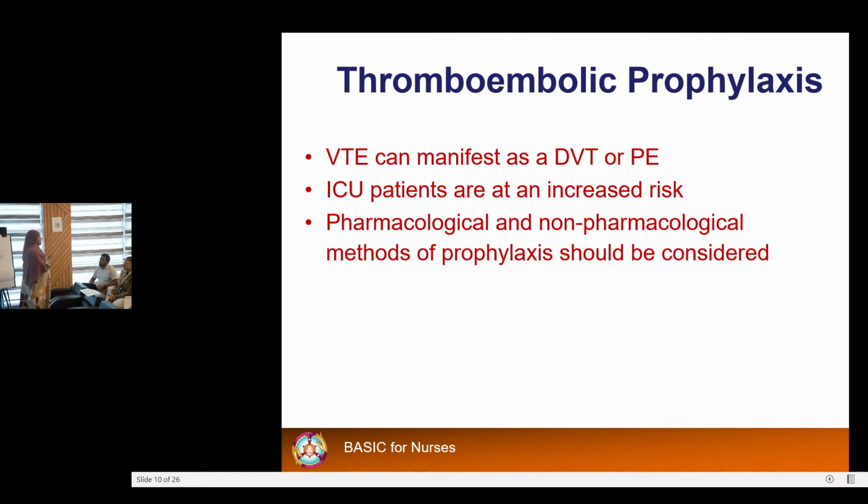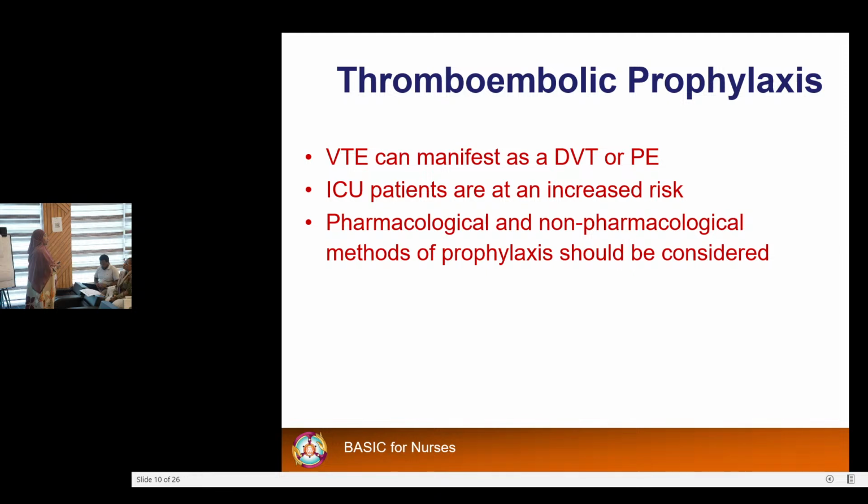Physiologically, generalized inflammation. What else? Hypercoagulability states. So all those factors make it important to prevent DVT and pulmonary embolism. So there are two types of management. They can be pharmacological or non-pharmacological.